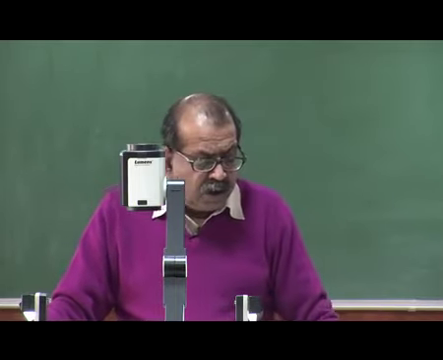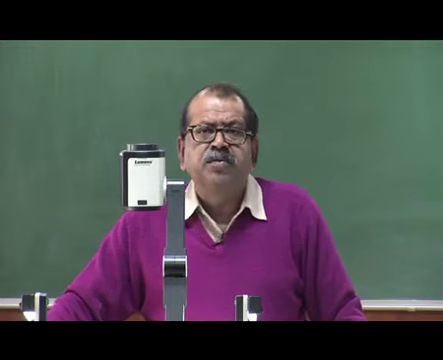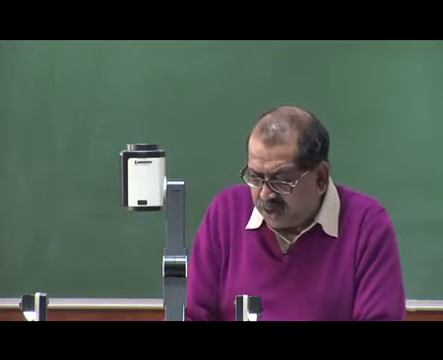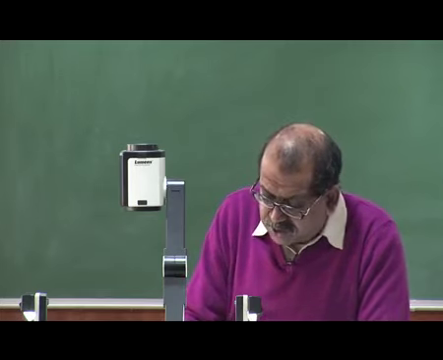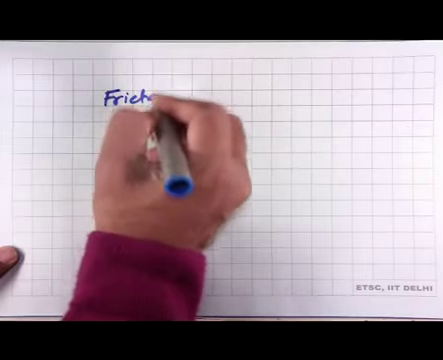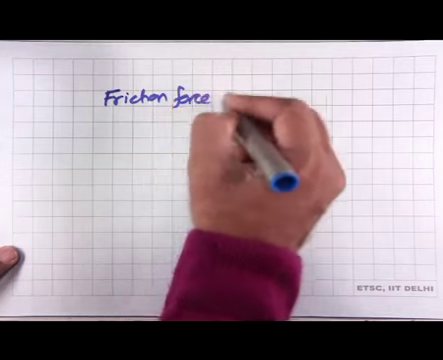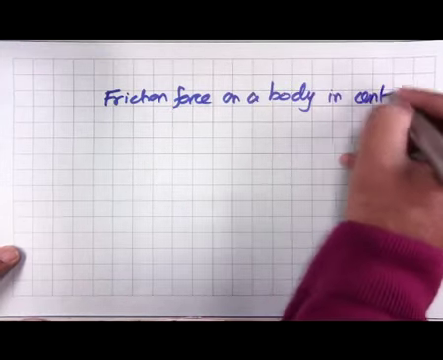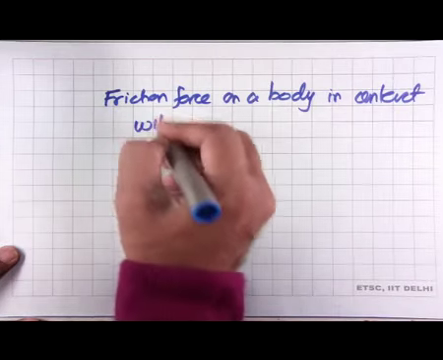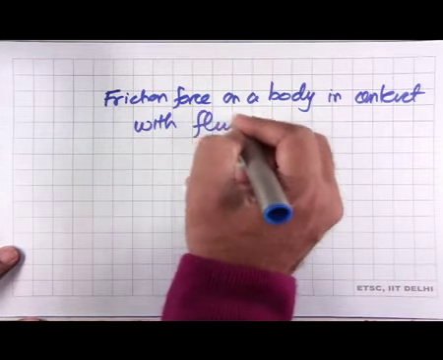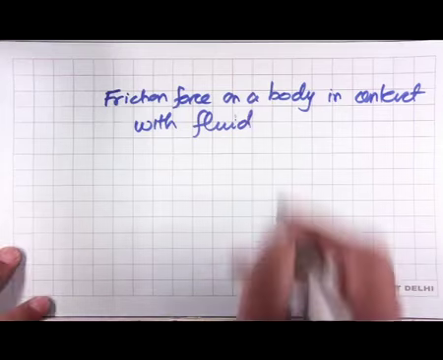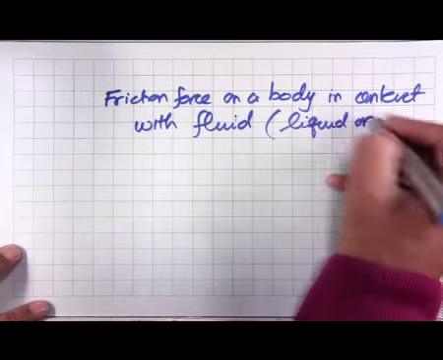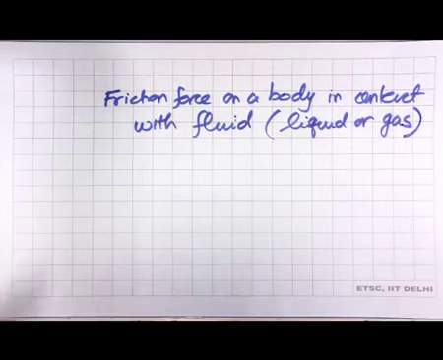Now, we have seen some of these problems of circular motion. Let us briefly look at the topic of what happens when we have friction force on a body which is in contact with a fluid, and by fluid we mean it could be a liquid or a gas.